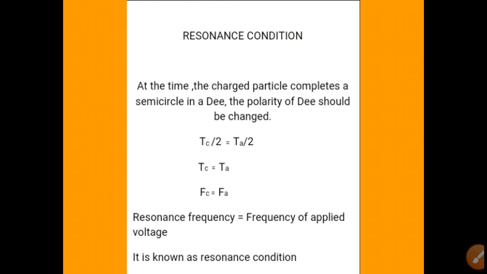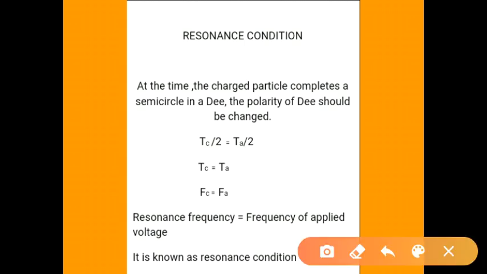The time required to complete a semicircle is half of the time period of the charged particle. Therefore, both should be the same. That is, half of the time period of the charged particle should be equal to half of the time period of the oscillator, that is applied voltage. Or Tc is equal to Ta.